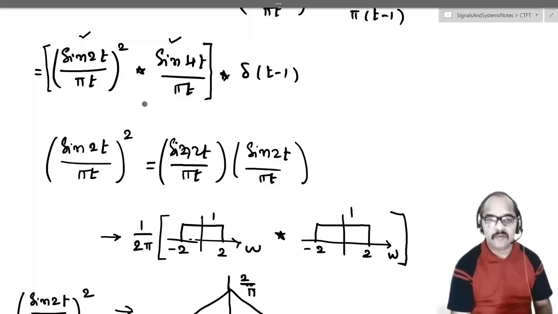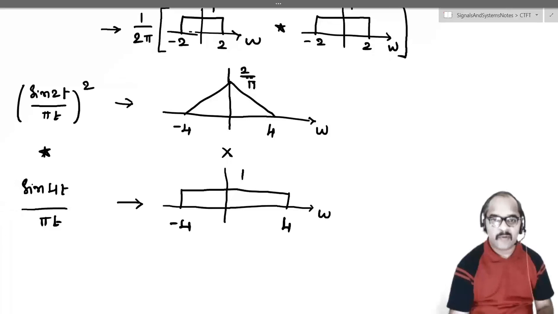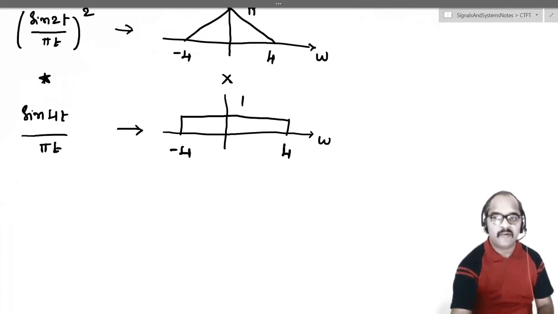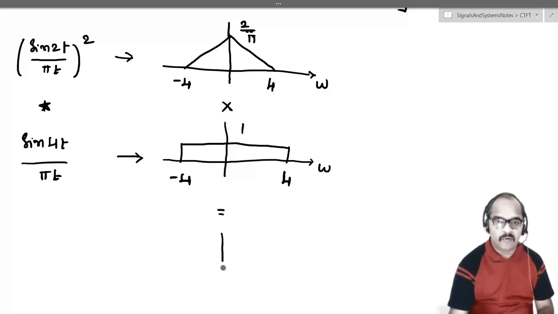Next, what is it that we have to do? We have to convolve in time domain. So convolution in time domain is the same as multiplication in frequency domain. So if you multiply the corresponding functions, what do you get? What shape do you get here?